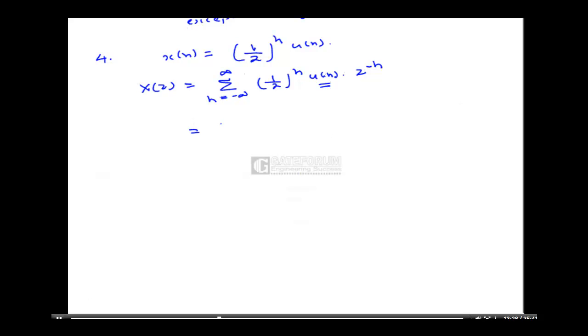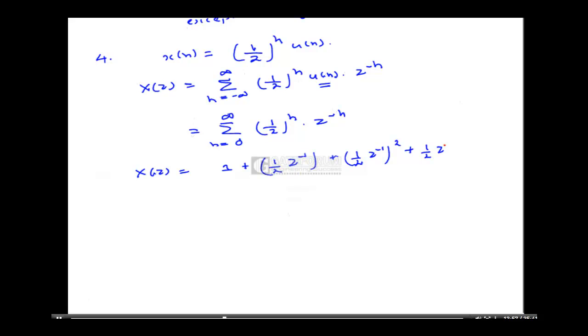So I can write this series as n equal to 0 to infinity of (1/2)^n z^-n. Now it has become a little simplified, like a geometric series. I can write X(z) as 1 plus (1/2) z^-1 plus ((1/2) z^-1) squared plus ((1/2) z^-1) cubed plus and so on. This will be equal to 1 upon 1 minus (1/2) z^-1.